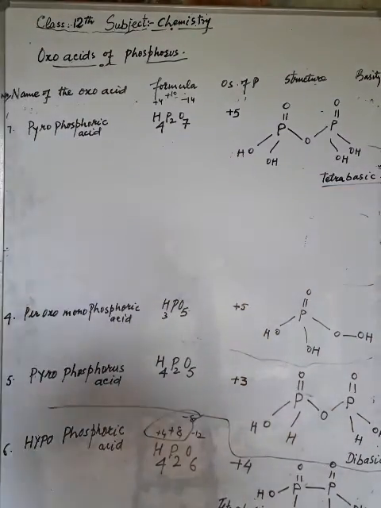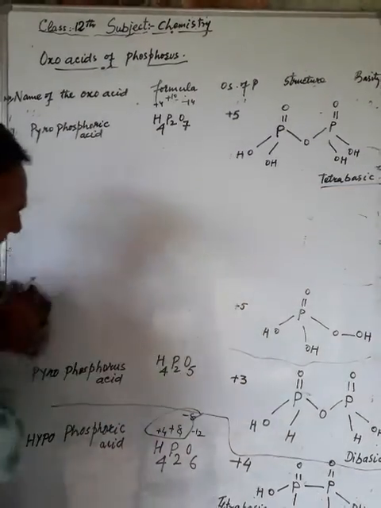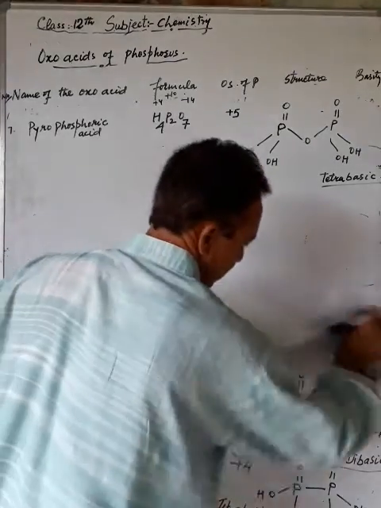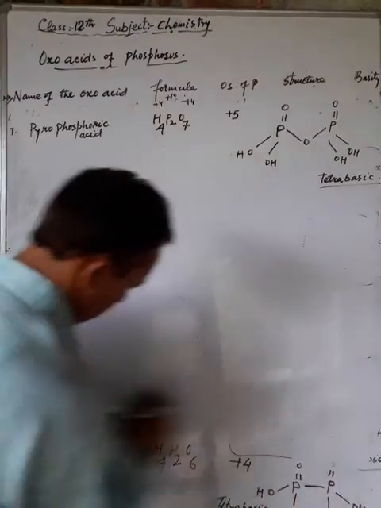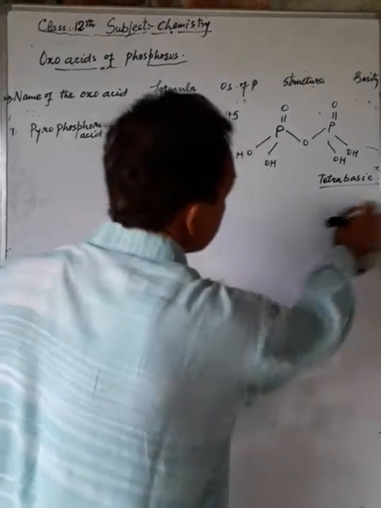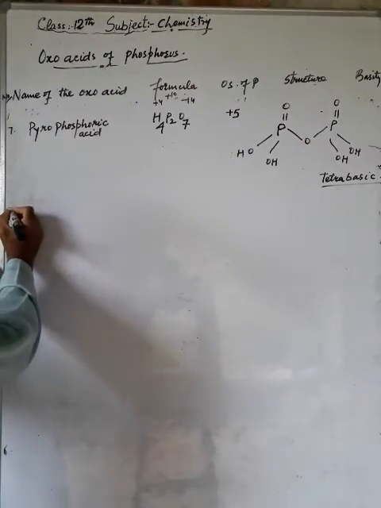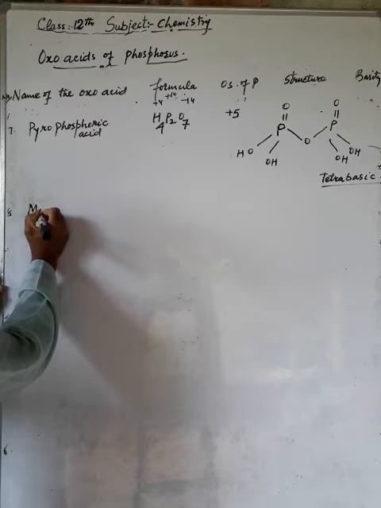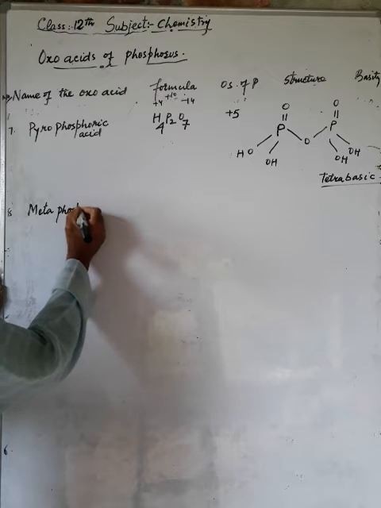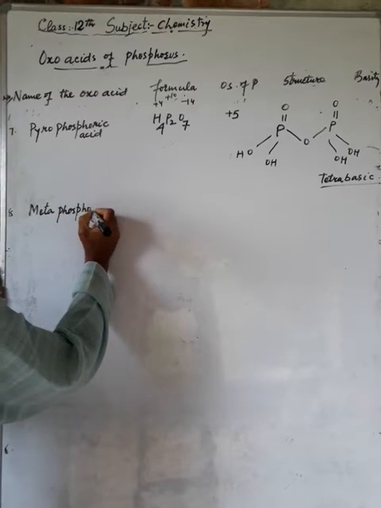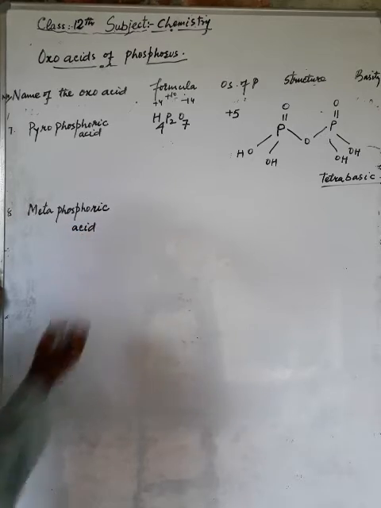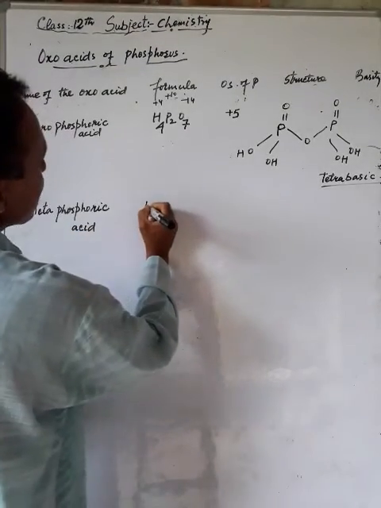The compound is tetrabasic. Now we have metaphosphoric acid. It is HPO3.